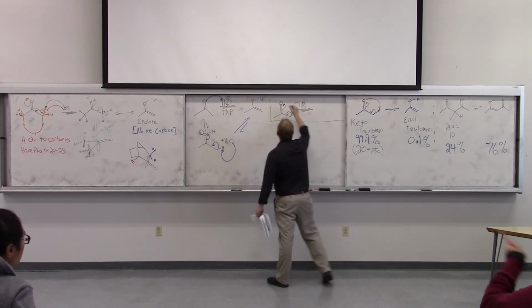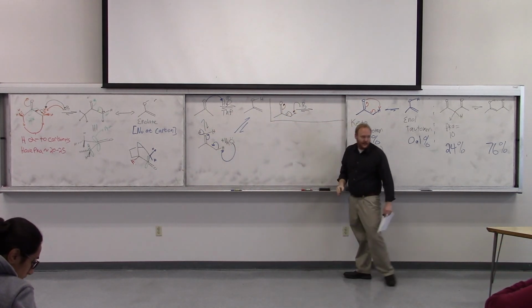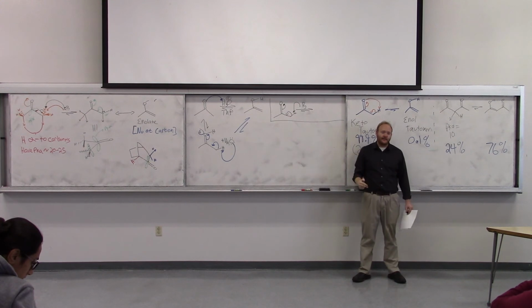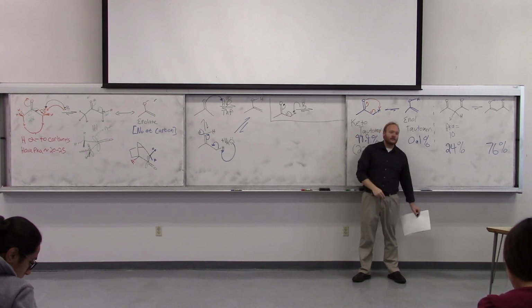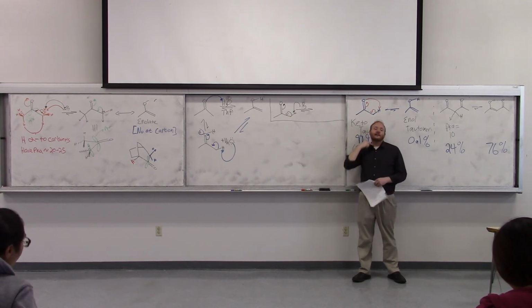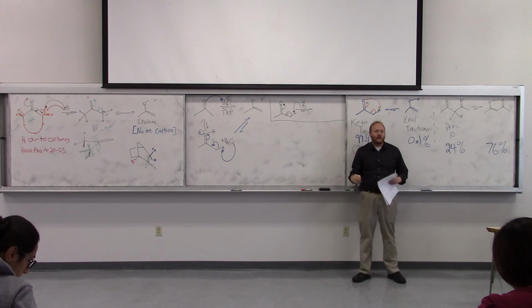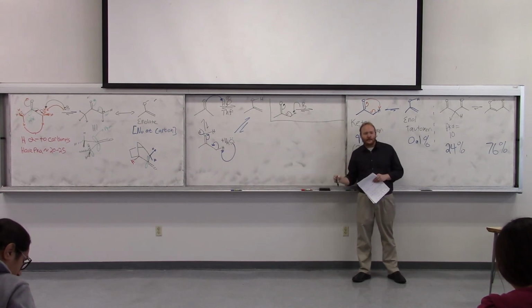So we form an enolate just by taking a base. The common bases we're going to be talking about in this class are sodium ethoxide, so the conjugate base of ethanol, and something called lithium diisopropyl amide.